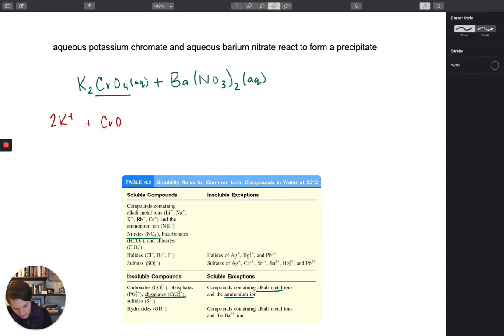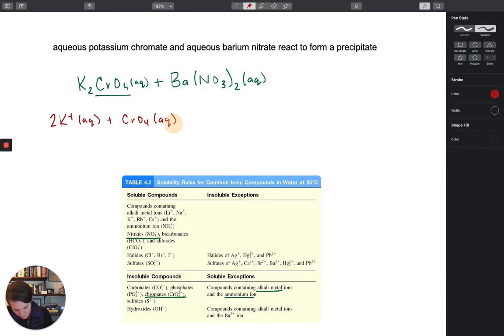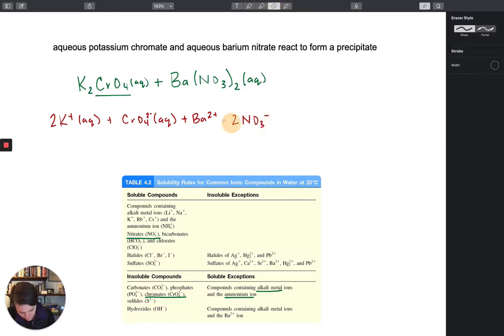Let me write our state symbols. So the best representation of these two individual beakers being combined is written like so. I always forget my state symbols.